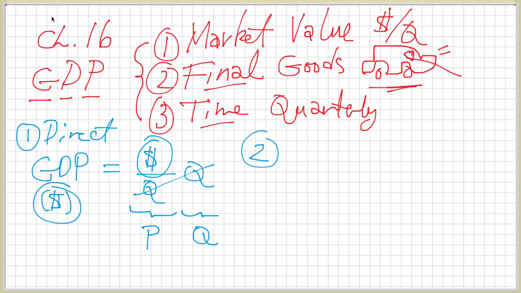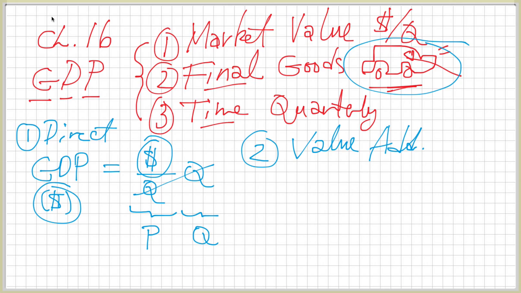Okay, the second way that the book talks about calculating GDP is using the value-added approach. And this value-added approach is a lot like this math that we were talking about, the car. What it is you have to calculate the value added at each point in a production process.